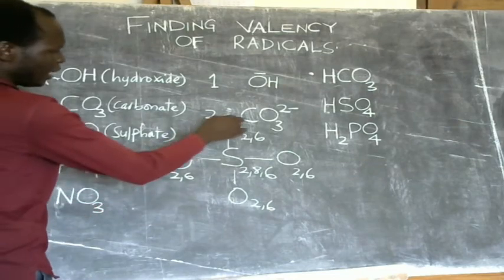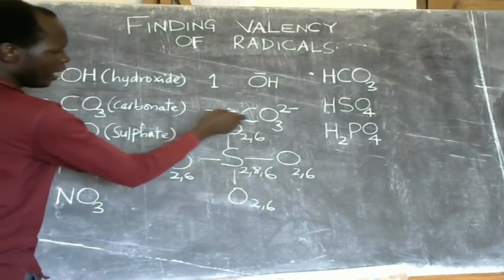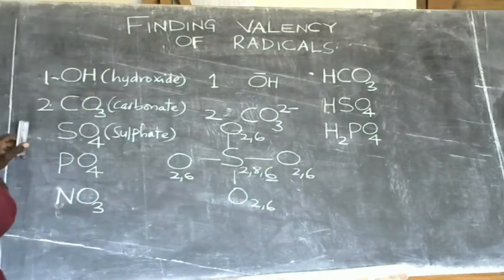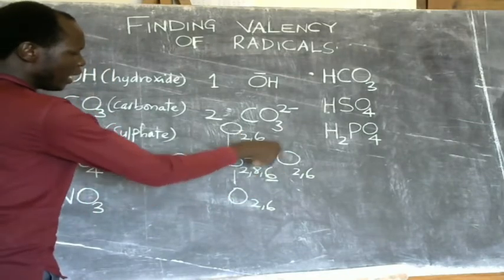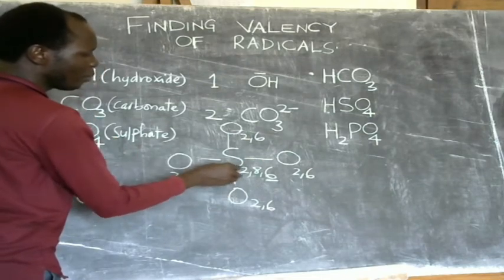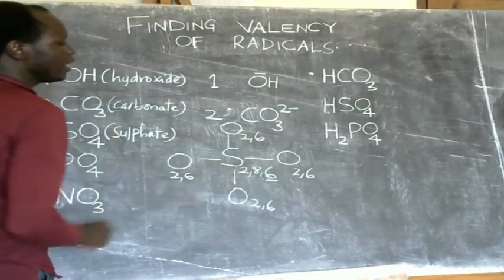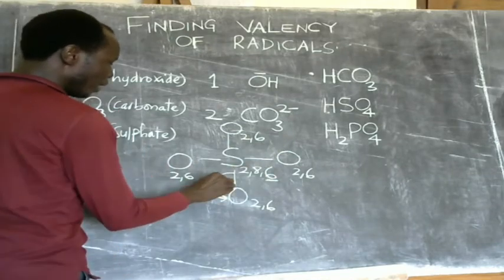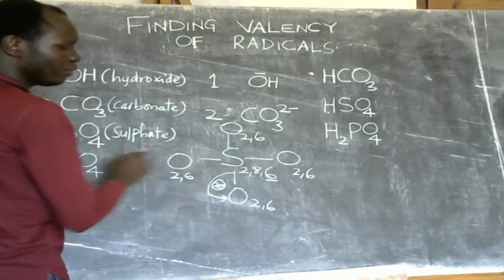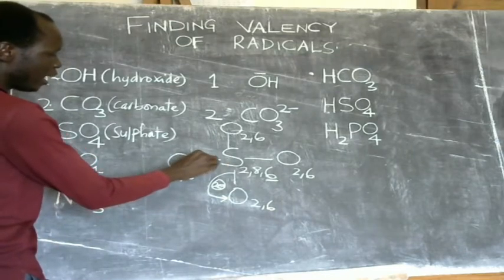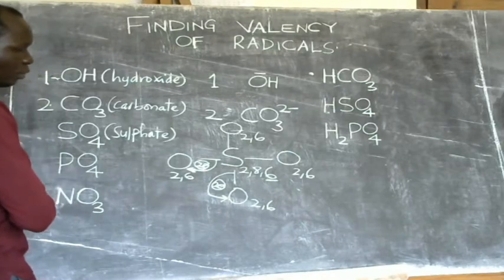Then these atoms are supposed to gain electrons, and each one will come from sulfur. The 2 electrons for each oxygen atom will come from the 6 electrons in the outermost shell of sulfur. Meaning 2 electrons out of 6, you are left with a balance of 4. Another 2 will come here, so now 4 electrons are taken away.